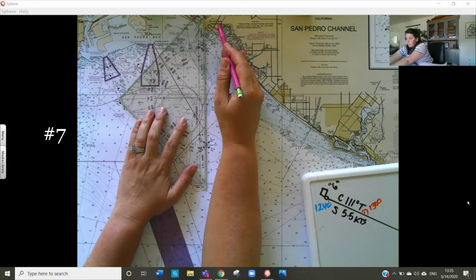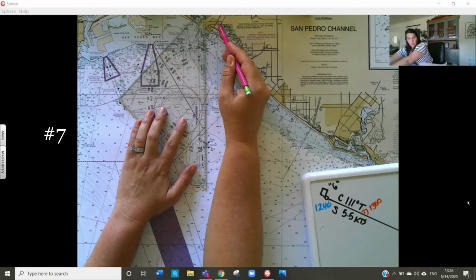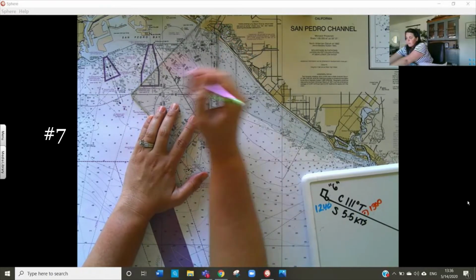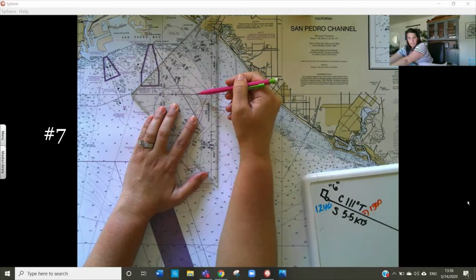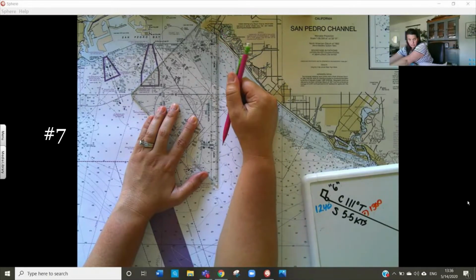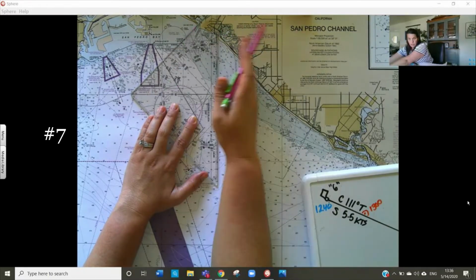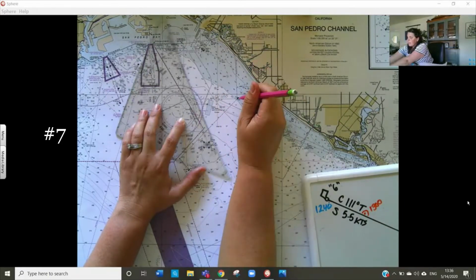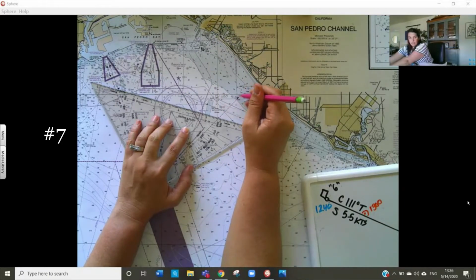I'm going to put my pencil on the tank, and then using this line on my triangle, I know that that's perpendicular to a latitude line, so this would be due north and this would be due south, parallel to our meridians. So I could draw in a line. And then for my EVA platform, I know it is due west.